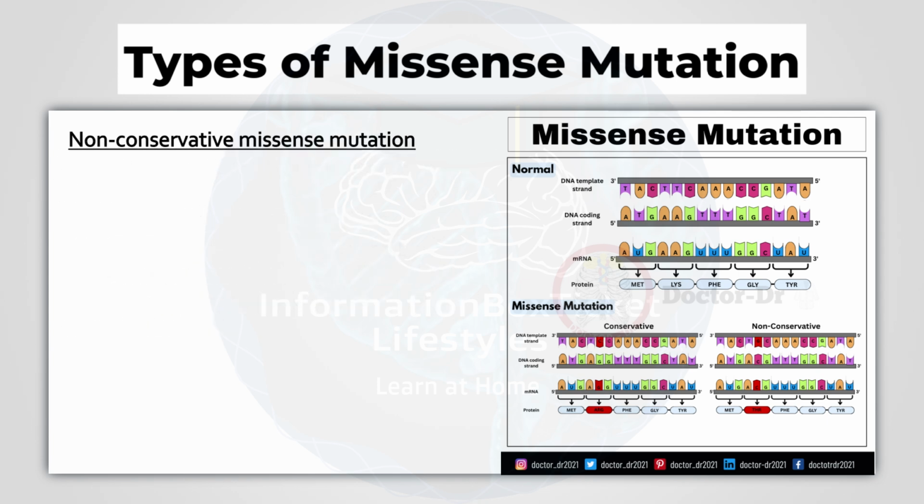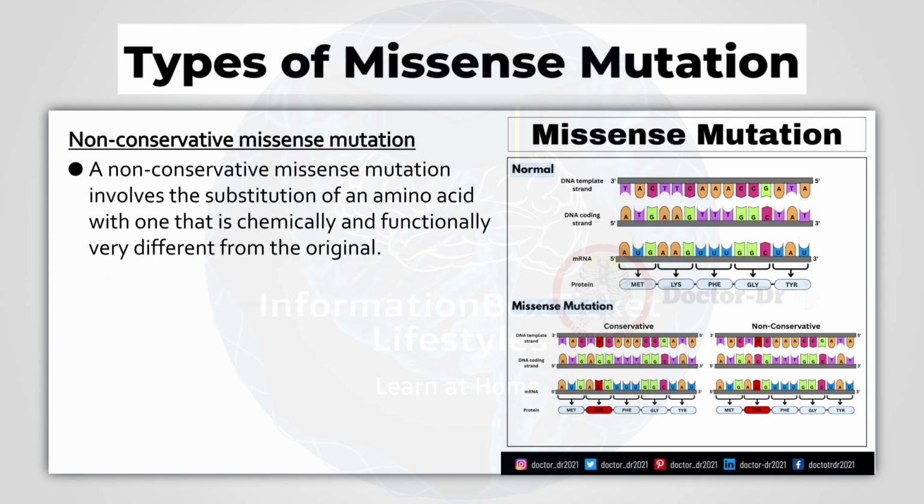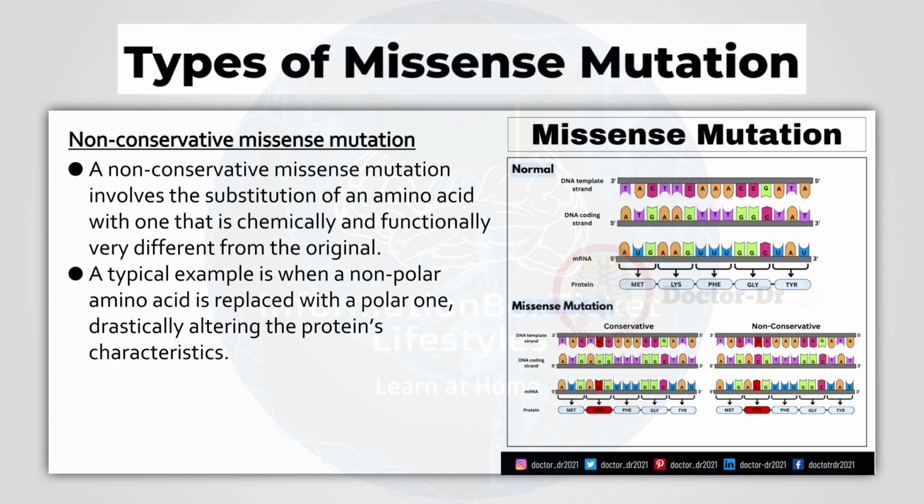Non-conservative missense mutation. A non-conservative missense mutation involves the substitution of an amino acid with one that is chemically and functionally very different from the original. A typical example is when a non-polar amino acid is replaced with a polar one, drastically altering the protein's characteristics.